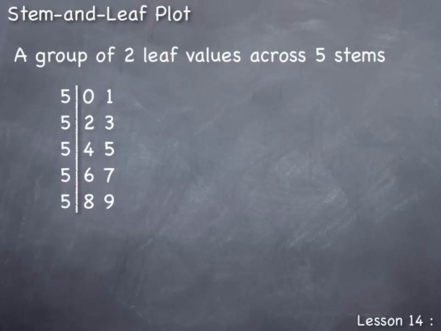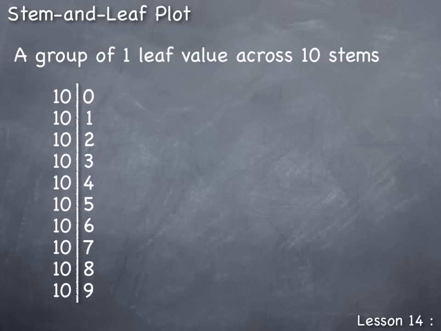Another option is a group of 2 leaf values across from 5 stems. Here, each stem value is listed 5 times, and the leaf values are displayed next to each stem in such a manner where 0 and 1 are displayed across the first listing, 2 and 3 next to the second listing, 4 and 5 next to the third listing, 6 and 7 across the fourth one, and finally 8 and 9 alongside the fifth one.